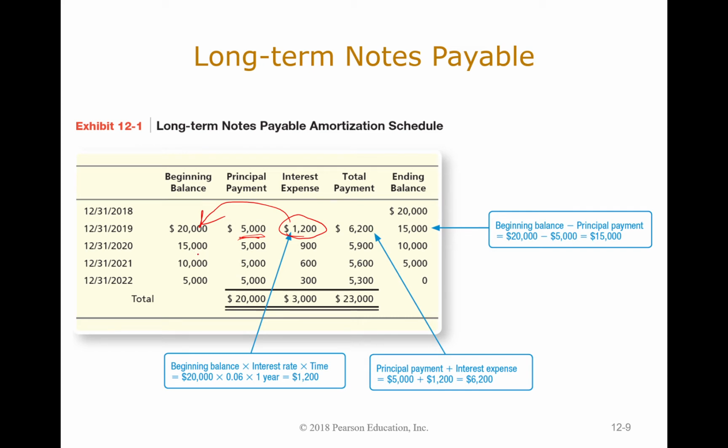The second year we're looking at 6% of $15,000, because it is 6% of the balance that is due. An amortization schedule ends up showing a running total of the ending balance and of the beginning balance. And remember, the beginning will always be the ending of the previous period.